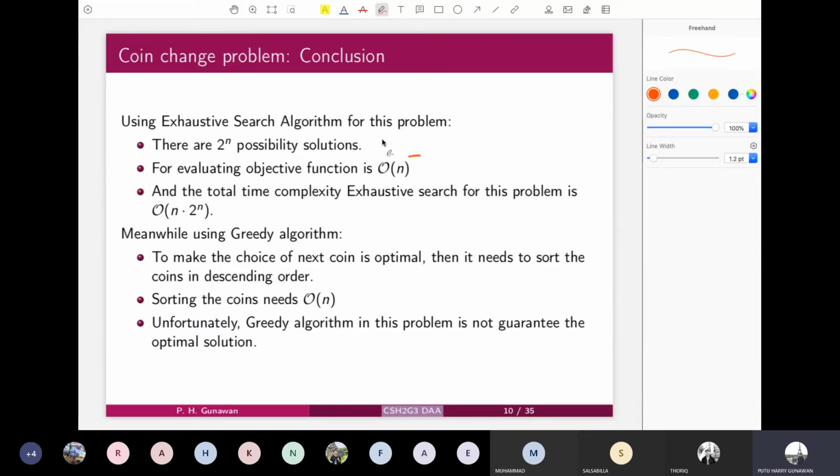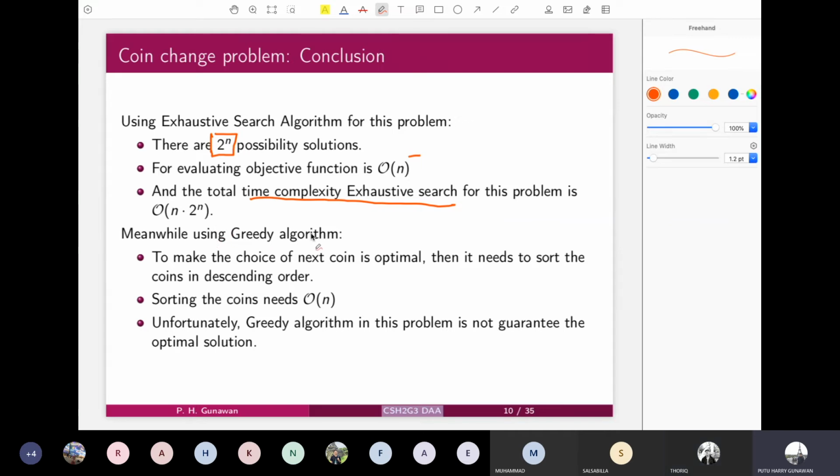What is the other conclusion? For the exhaustive search, there are 2 to the power n possible solutions, and evaluating the objective function takes n. So the total time complexity for exhaustive search is big O of n times 2 to the power n.